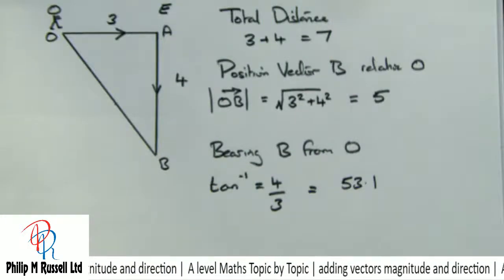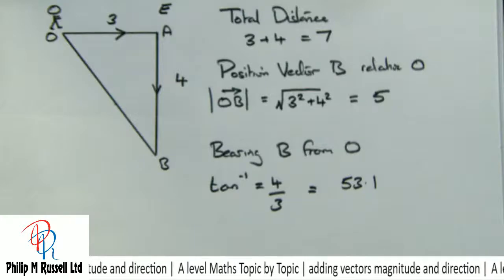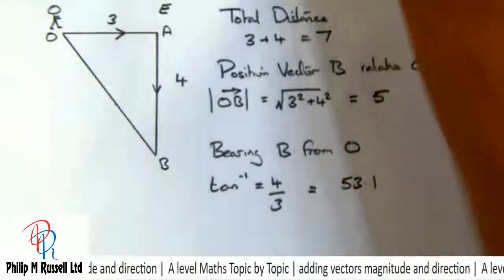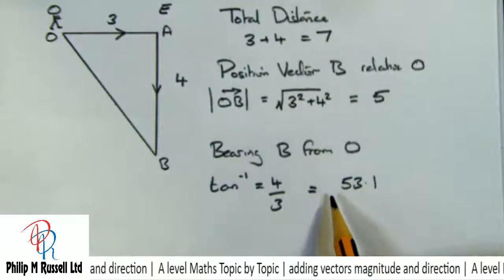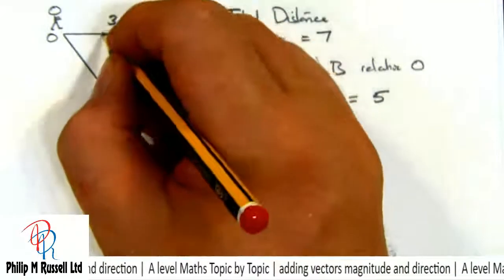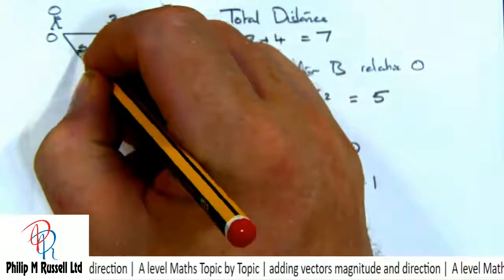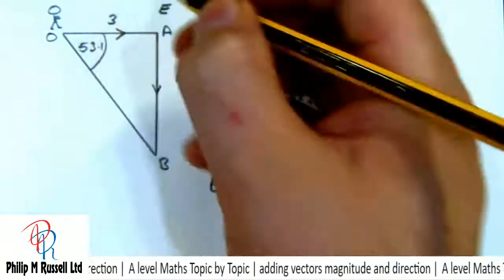Now, what I've got to do now is work out what its proper bearing is. So I now know that that is 53.1.